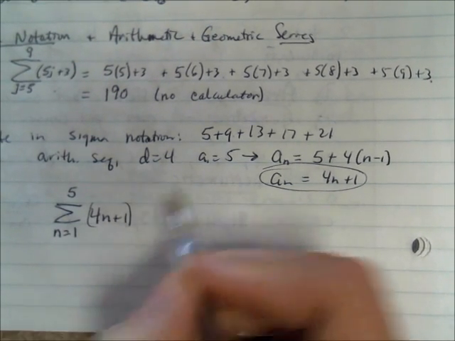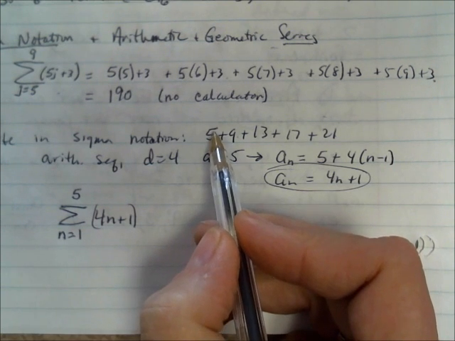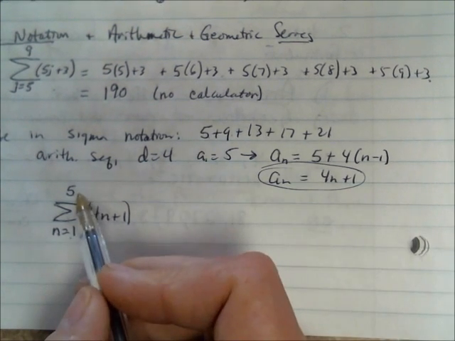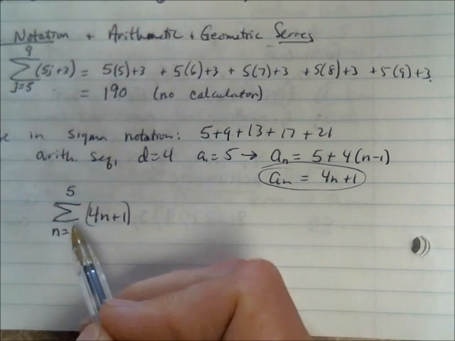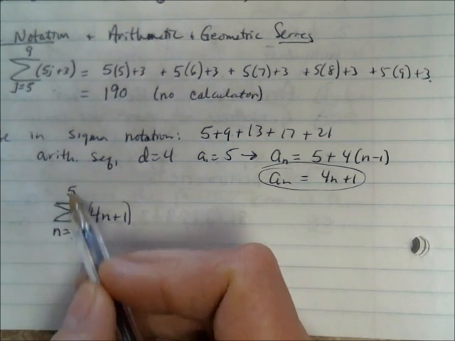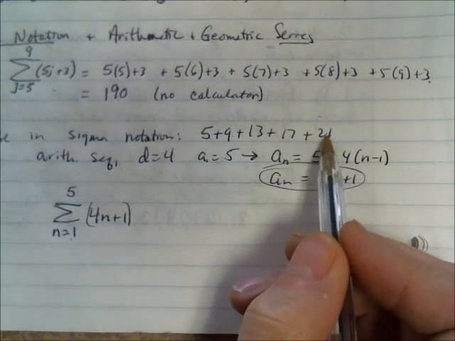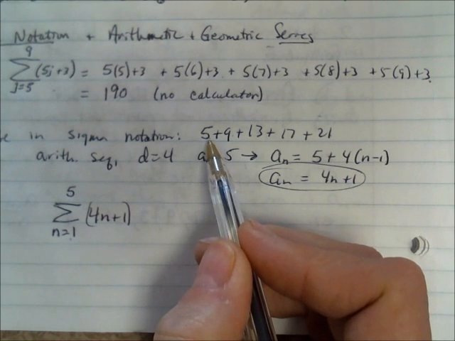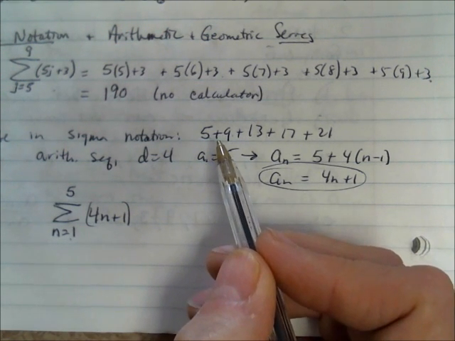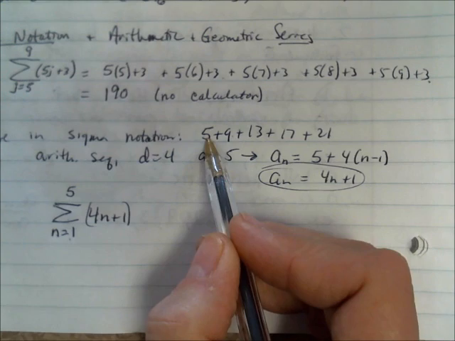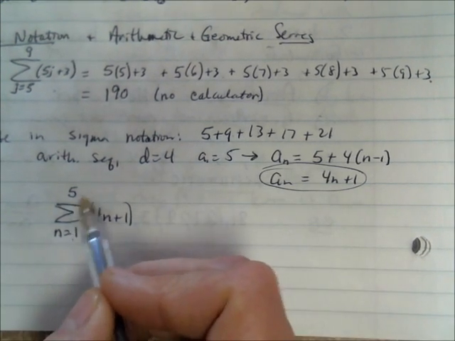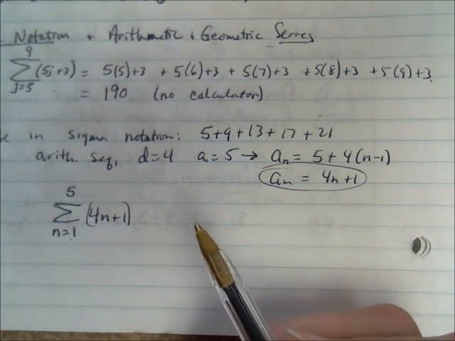Be careful because I've seen some students put a 5 down at the bottom and a 21 up on the top. These upper and lower bounds do not correspond to the terms, but they correspond to the term numbers that you have. So the first term plus the second, third, fourth, plus, and then when you get to the 5th term, you're going to stop.